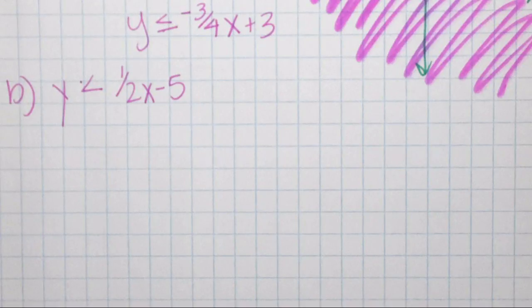Why is it dashed? Correct. And do we shade above or below? Below. It's less than. You see how it's not eating the Y? Below. It's okay if we shade below 2 times in a row.